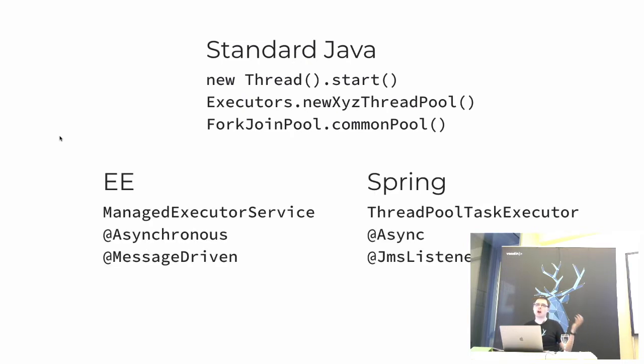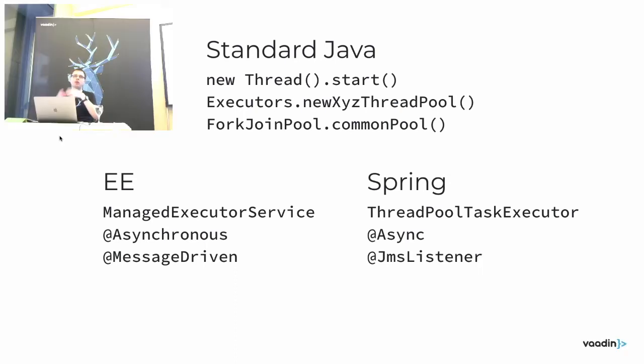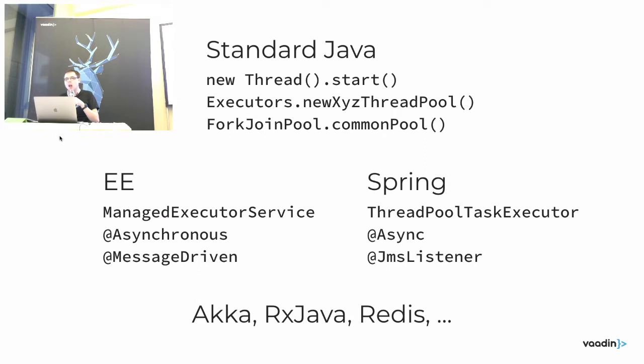If you're using Java EE or Spring, then because of the way those frameworks need to intercept things, you should instead, for instance, use a managed executor service or annotate your specific methods with Async, or use message beans or whatever. Then also if you use some really fundamentally asynchronous framework like Akka or RxJava, they all have their different ways of doing things asynchronously.